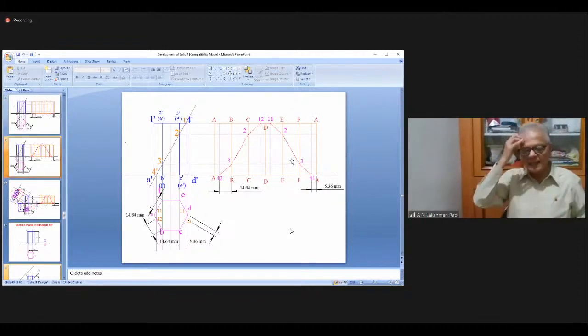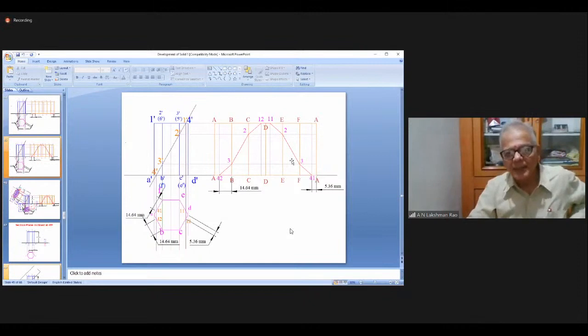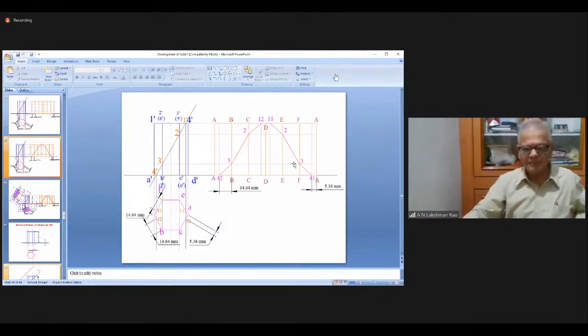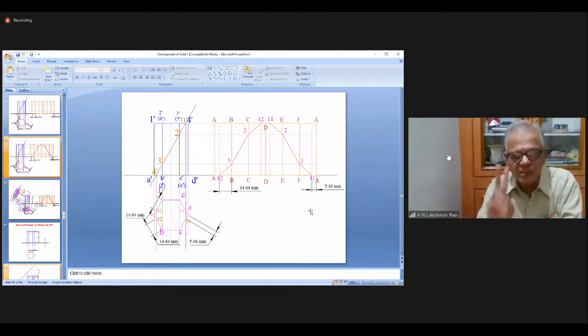Dear students, drawing cannot be read. You have to practice. Unless you practice at least one problem, you cannot do it in the examination. For sections and development, there will be 2 questions. Be thorough with these 2. If you are thorough with section and development, you get 30 marks.